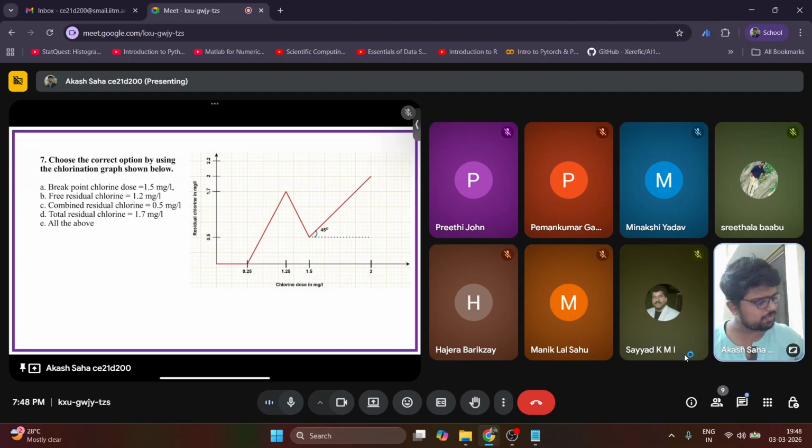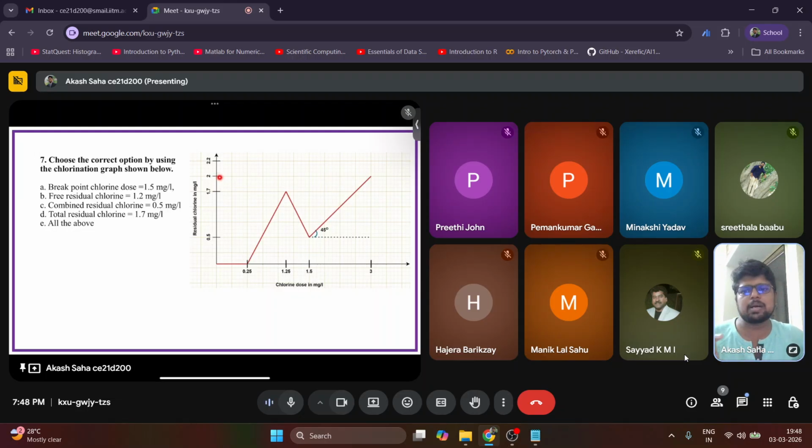How is it 1.5? You can see here, this is 0.5, and this one is 0.5. But up to here is the total. This point denotes the total chlorine residual. So how much is the total residual? The total residual is 2 milligram per liter.